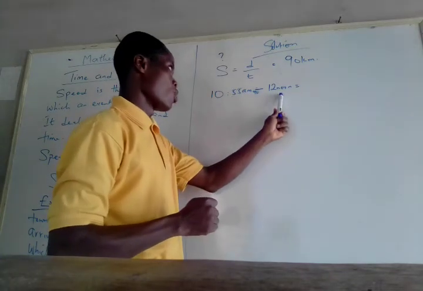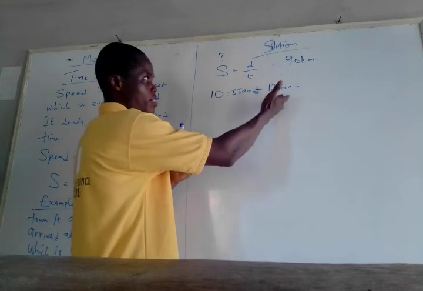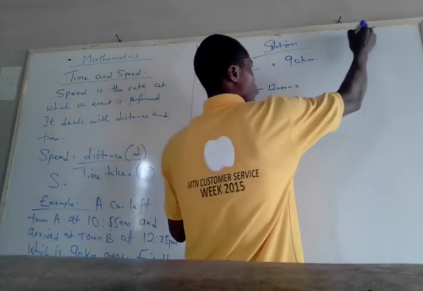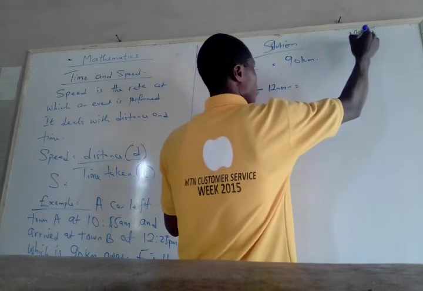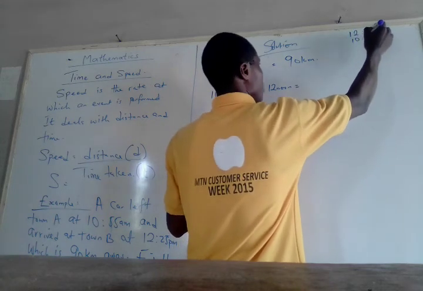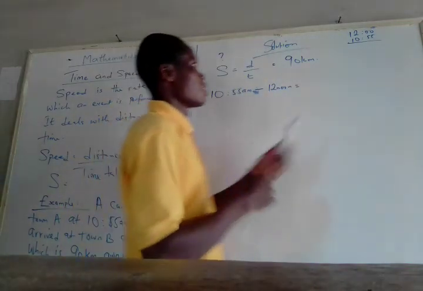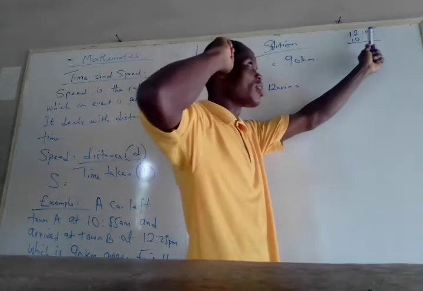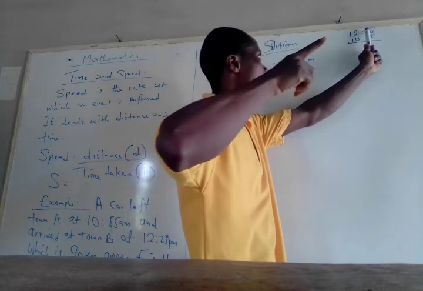It is like removing 10:55 from 12. From my knowledge, 60 seconds make 1 minute, 60 minutes make 1 hour.